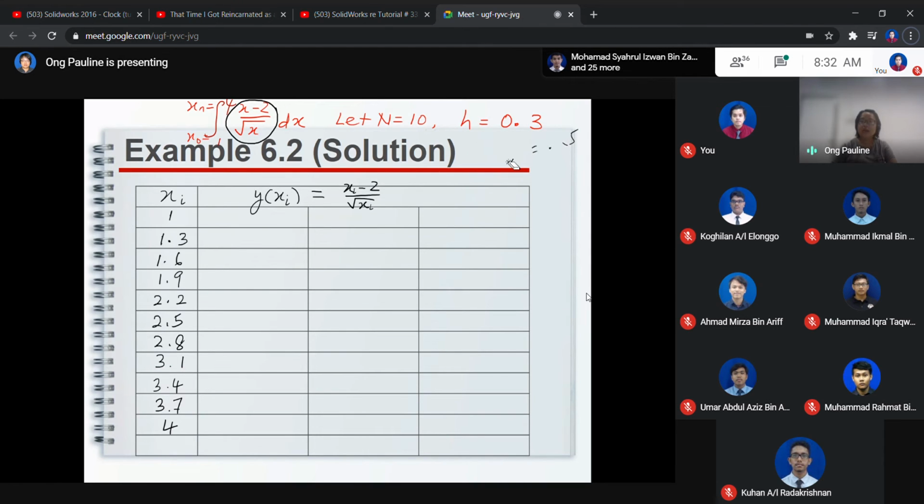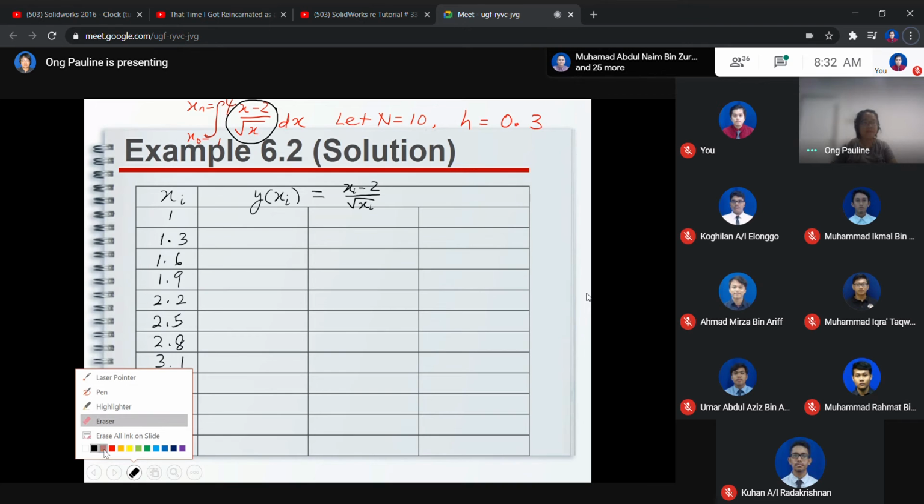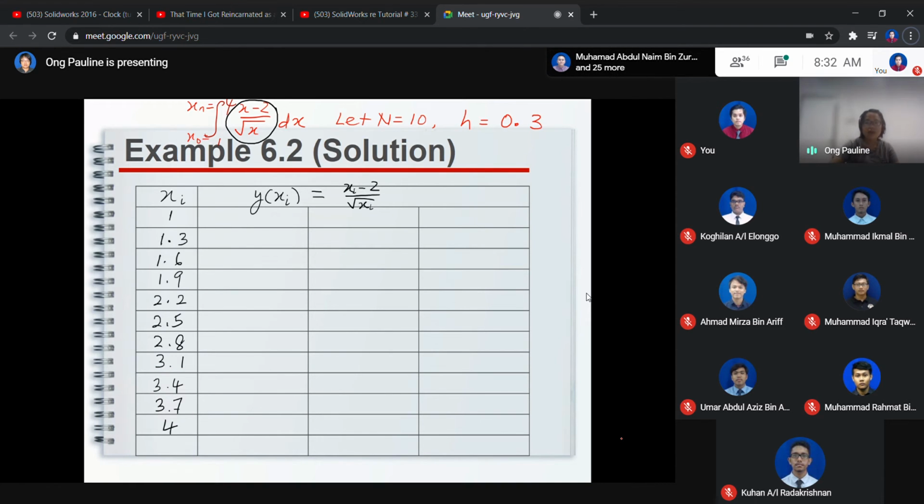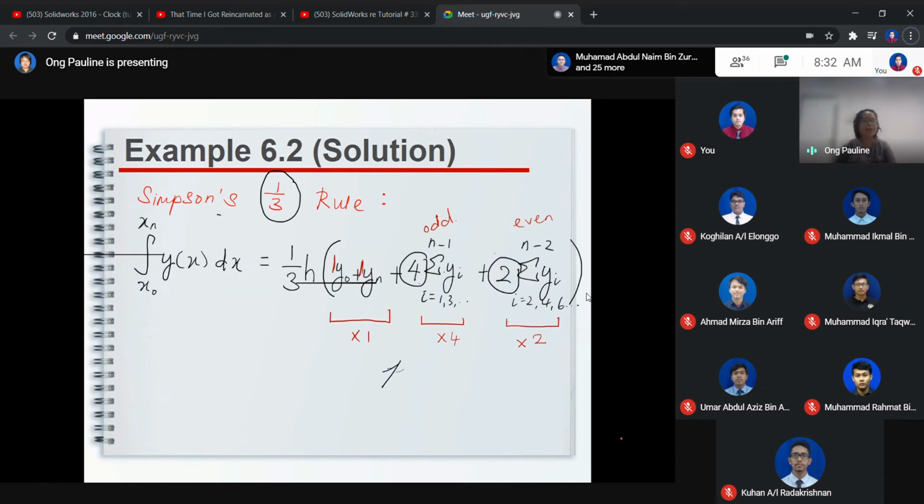Alright. Okay, so next let us fill in the value for the y here. So if I go back to the equation of the Simpson geometry, I know that for the y naught, yn, I have them in the same category.